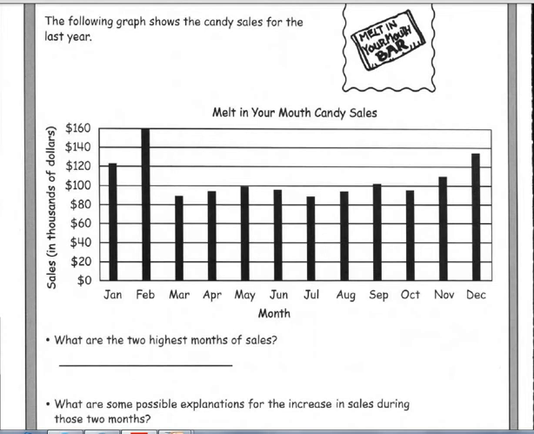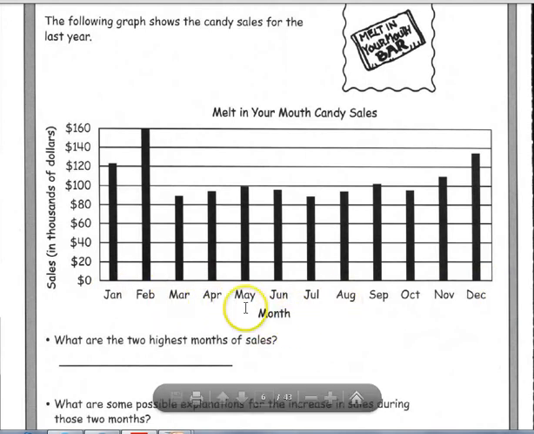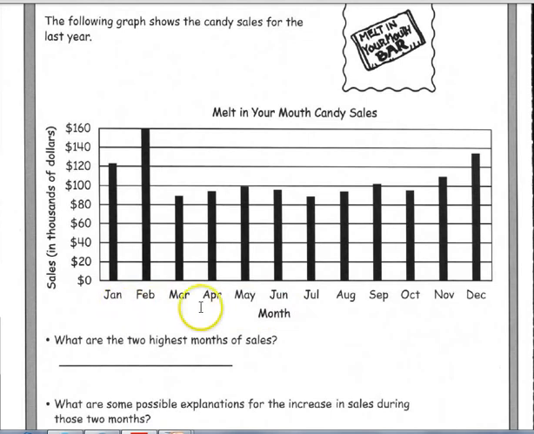So a bar graph is very simply called a bar graph because it is made of bars, as you can see here. On the bottom, this is called the x-axis. The horizontal goes left and right. And down here we have the labeling. It says month, and we have all the months, January, February, March, all the way to December.